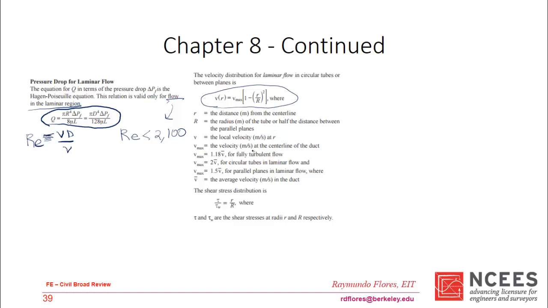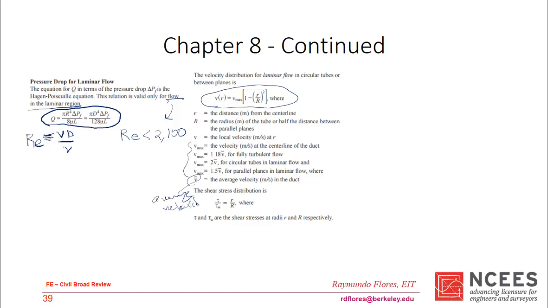And then Vmax lets you know what it should be, because sometimes you might be concerned and say, well, what is Vmax? It all depends on the type, if it's turbulent flow, laminar flow, and so on. So you can go ahead and use this information if you're not given it. And obviously this is the average velocity.